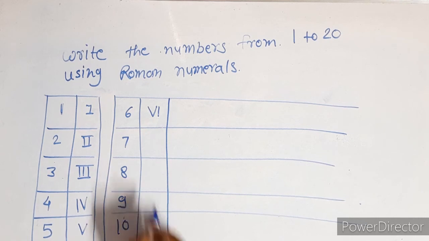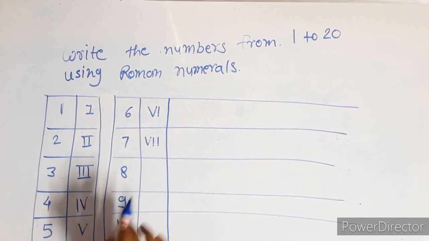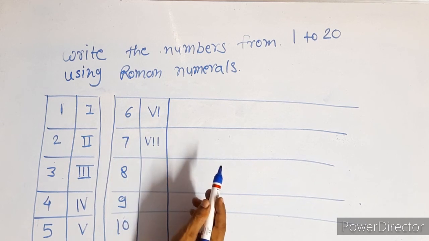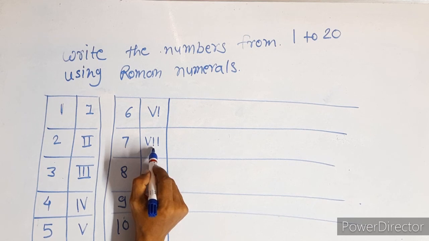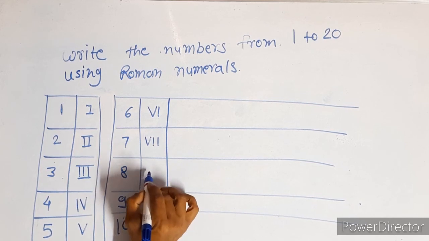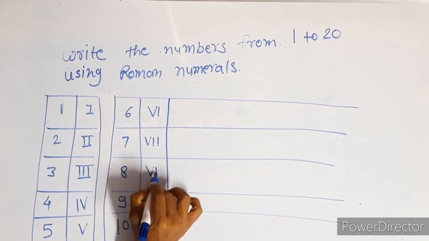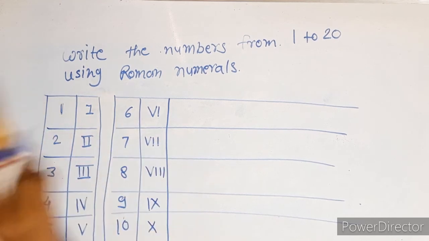Now V 5, 6, 7. We use the symbol I on the right side 1 time, 2 times and also 3 times. V I. Okay. Now do not use 4 times there. Now 10, X. X minus 1 is 9. Do you understand?